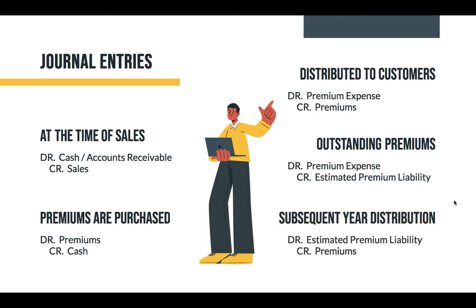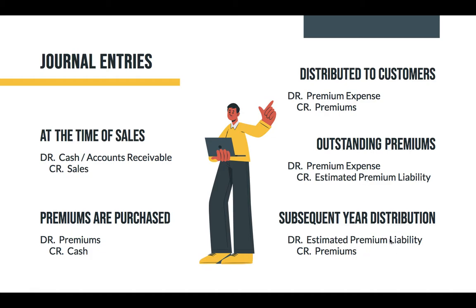The fifth is subsequent year distribution. At year end, for example December 31st, 2020, we already recognized the liability account. So in January, if the customers continue to redeem their freebies, we need to reduce our liability.